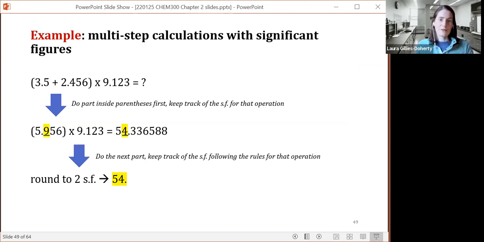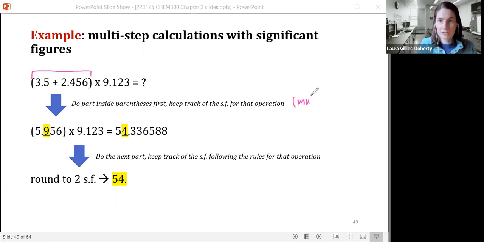Okay, so here we have this problem, (3.5 plus 2.456) times 9.123. So this is a multi-step problem. When you solve this, you want to do the part inside the parentheses first, and you keep track of the sig figs for that operation.